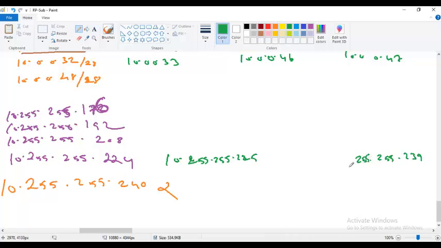The last IP will be .255.238. Correct? I'm not writing the first octet. First octet is same, 10.255. All right, you know how to fill this now. You got an idea, right? Please copy.